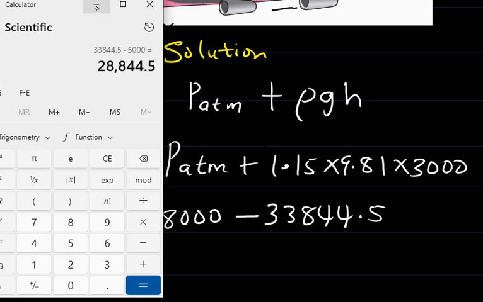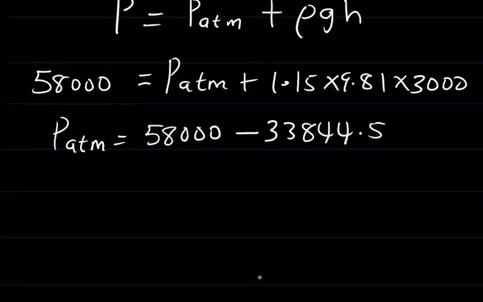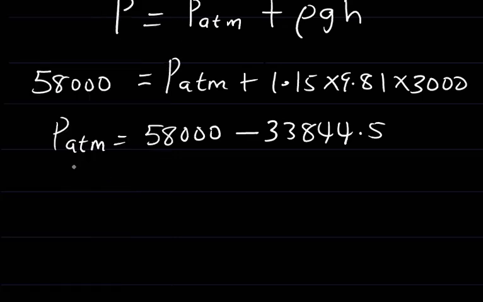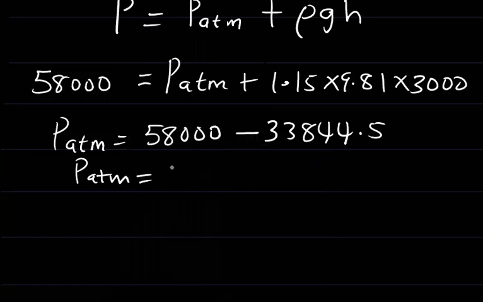Oh, please pardon me, this is 58,000 minus 33844.5, which is 24155.5. So the atmospheric pressure is 24155 pascal.